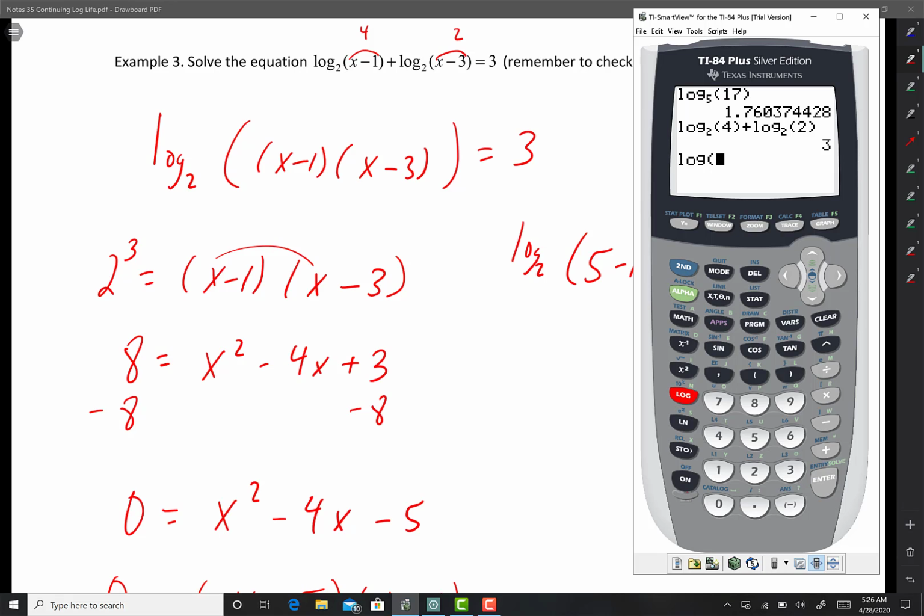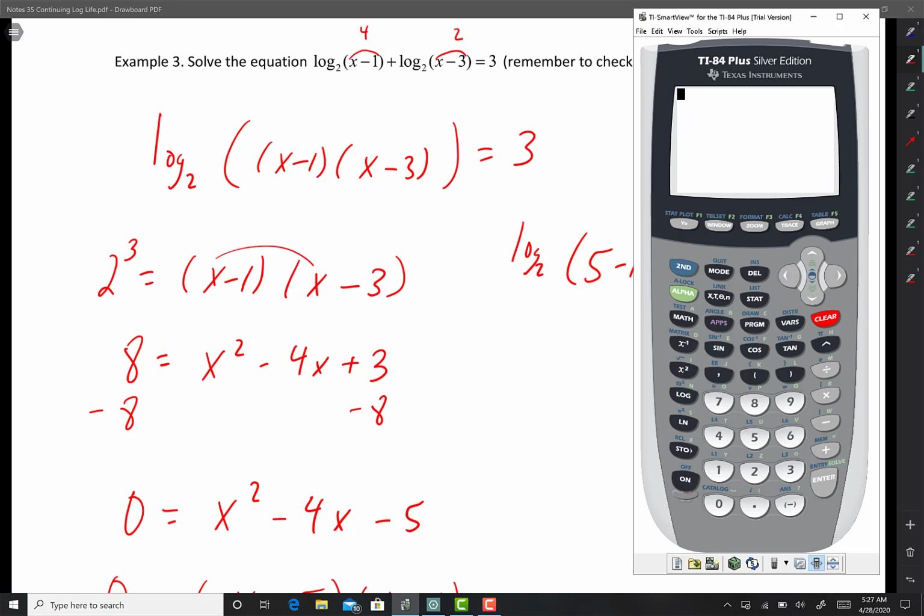The other one would not work if I plug in a negative 1. I'm just going to do one expression here. Math, log base 2, and if I type in the negative 1 in there, negative 1 minus 1 is negative 2. And look, you get an error, guys. Imaginary answer. It actually does mean something, but not in the context of the course that we have, because of the domain of logs.